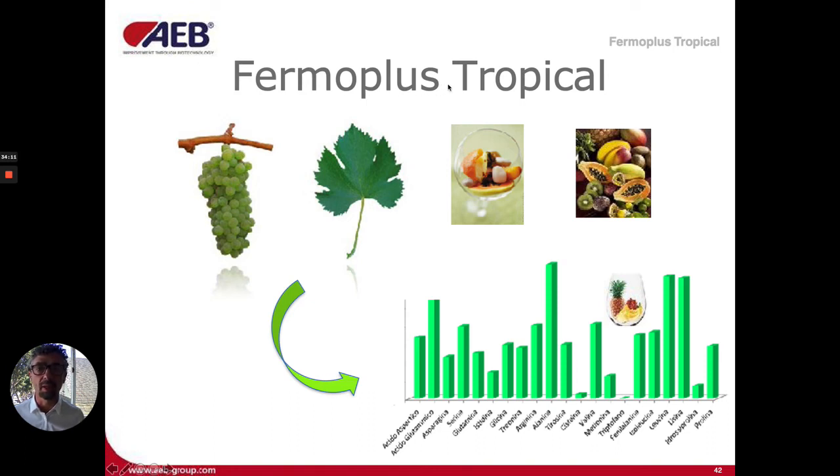The Thermoplast Tropical actually is derived by studying this variety here that is called Antão Vaz, which is a sort of obscure Portuguese variety with a very pronounced pineapple aromatic. But then AB also has, for example, the Thermoplast Prosecco.